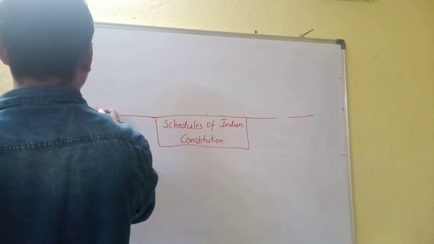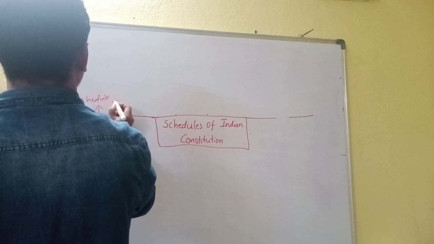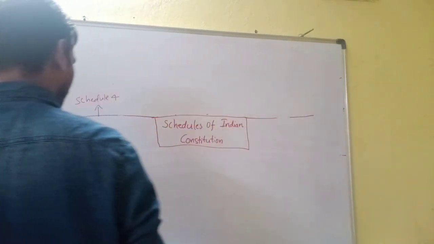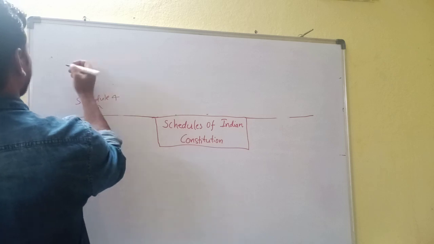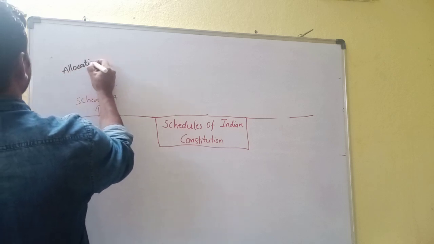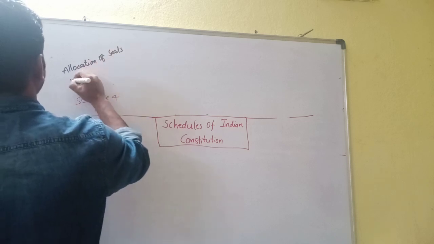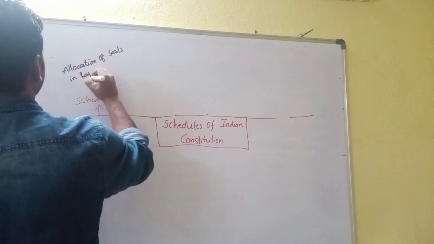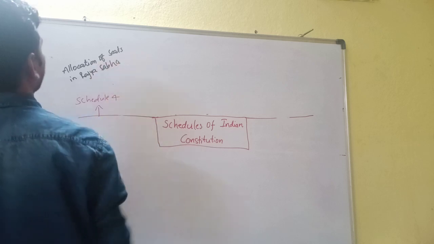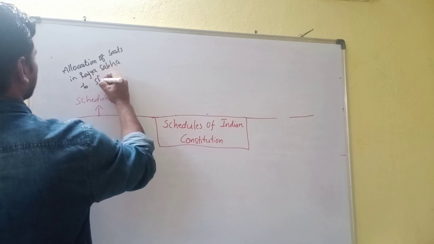Schedule 4 is about allocation of seats in the Rajya Sabha to the states.